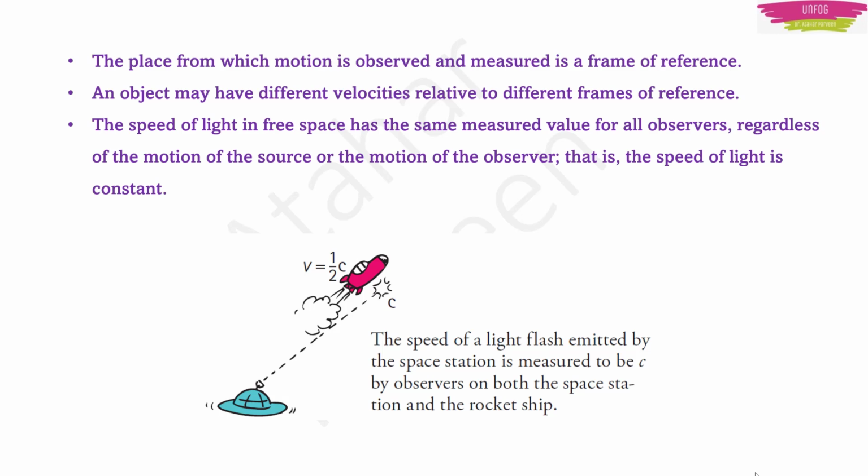Even the person sitting in the space station will observe the velocity of light as c only, and the person sitting in the rocket, who has some different velocity, is also seeing the velocity of light as c only. So the moral of the story is that the speed of light c is constant and it is approximately equal to 3 × 10^8 meters per second.